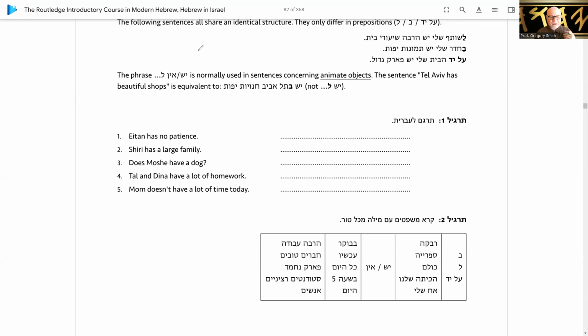Or I could put like le Tal Dina. Or maybe I could put, how about this? Yesh le Tal ve Dina. There is to Tal and Dina, shiurei bayit, and harbe. I could use like harbe shiurei bayit. There is to Tal and Dina.